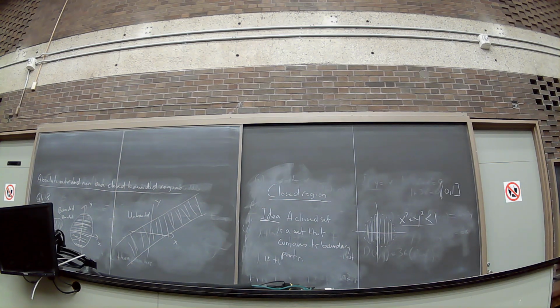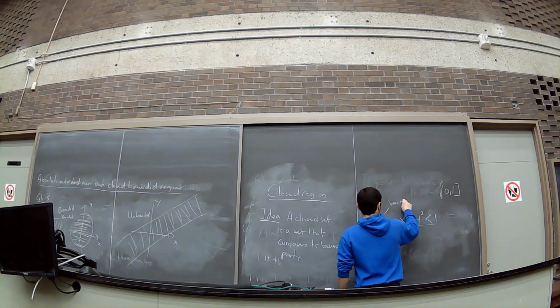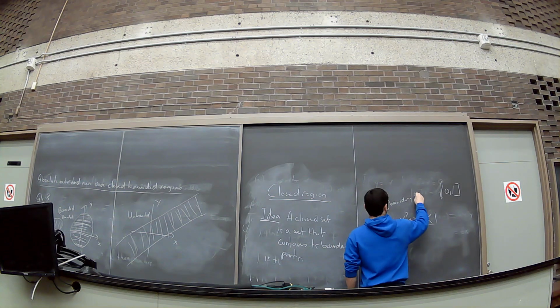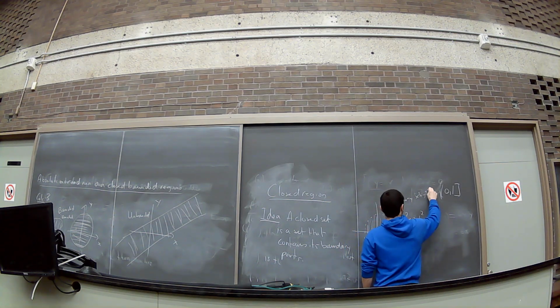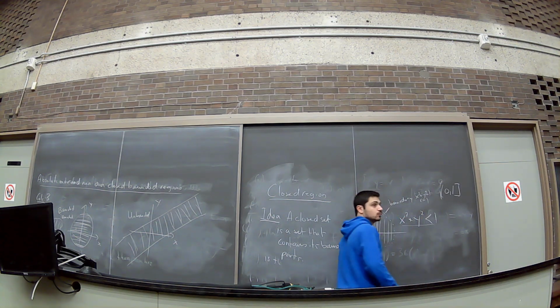You're in the disk, and you're just not allowed to cross the circle. What is the boundary of this disk? It's the circle of radius 1, right? This is the boundary. How can you characterize it? x squared plus y squared is equal to 1, or r is equal to 1, right?